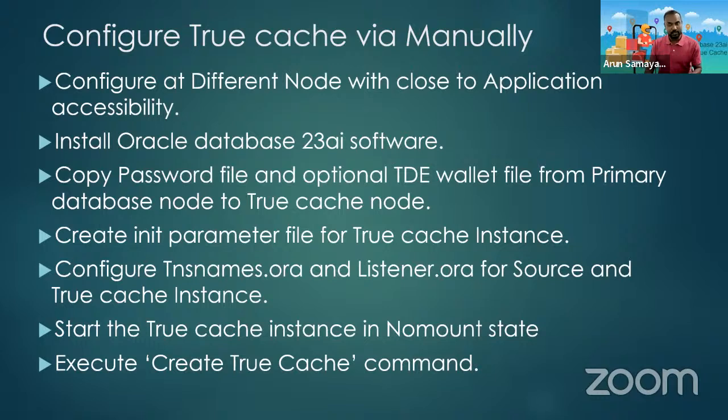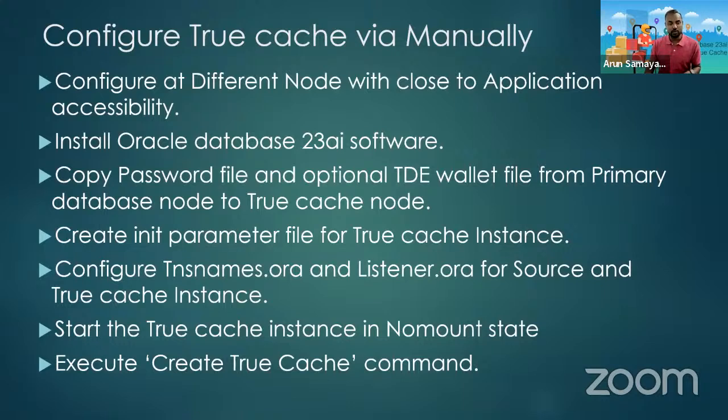We will install the Oracle Database 23ai software on that TrueCache node and copy the password file and the wallet file from the primary database to the TrueCache node. And whenever the DBCA runs over there, an init parameter file for the TrueCache instance is also created, which will have all the TrueCache related parameters required for the TrueCache to run.